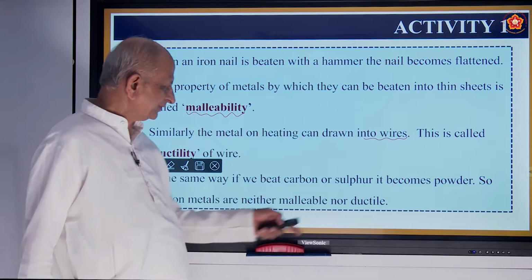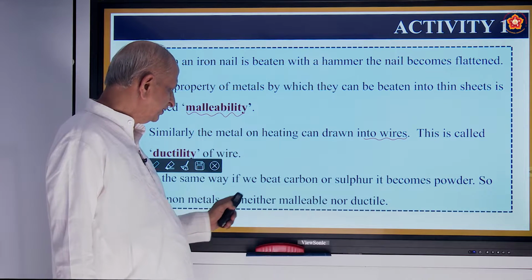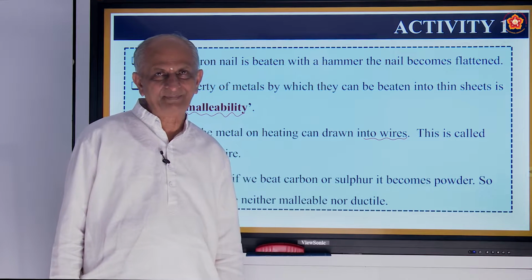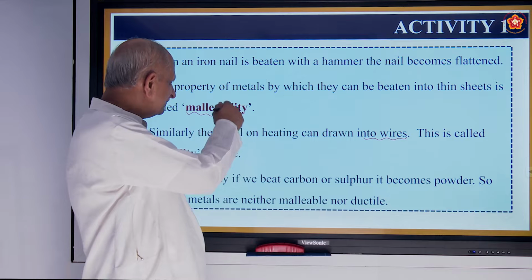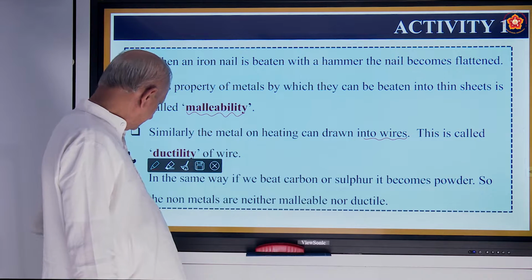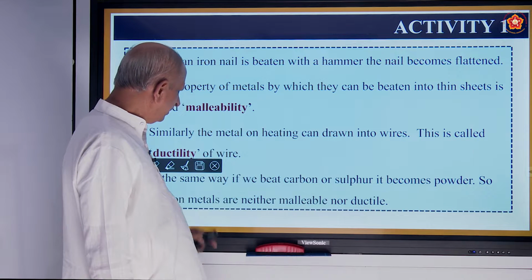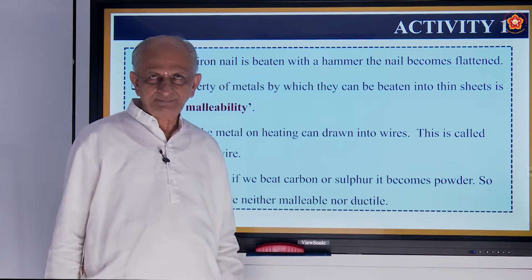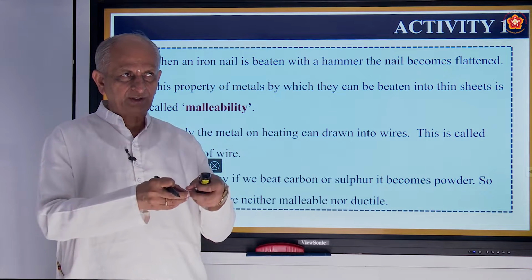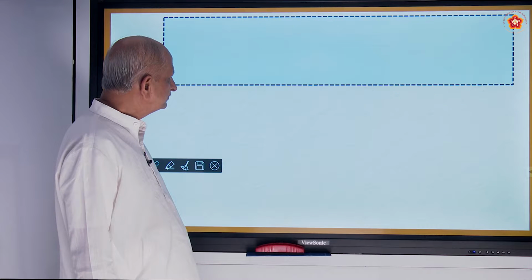Suppose you beat it, it becomes powder. So the non-metals are neither malleable nor ductile. Very important property. Metals are malleable and ductile, whereas non-metals are neither malleable nor ductile. Means what? You cannot bring into sheet form, or you cannot draw into wires. That is the meaning. Okay.